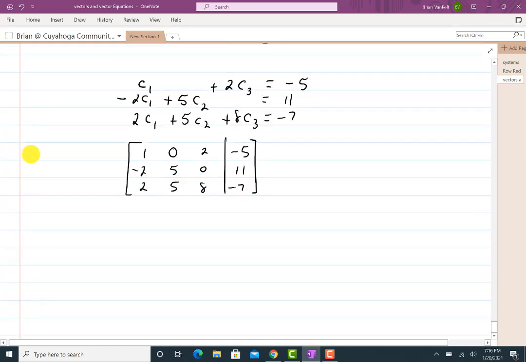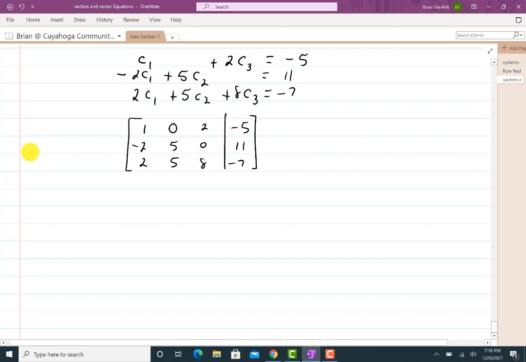And I'm going to work this just like I do any other problem. I'll stop when I see there's obviously no solution, but I will keep going until that's obvious to me. So first I'm going to wipe out this negative 2 and this 2 down here. The way to make that happen is I can take 2R1 plus R2.